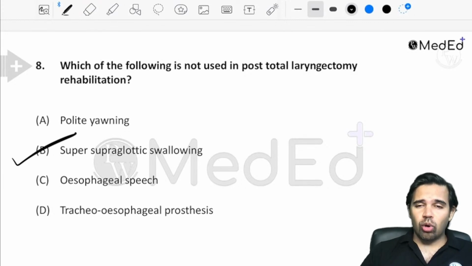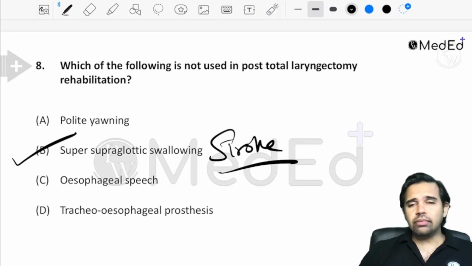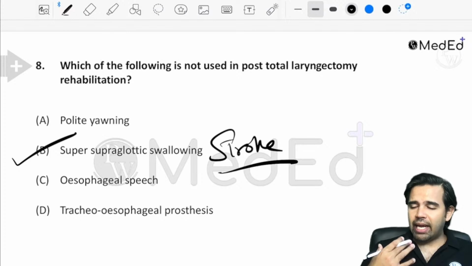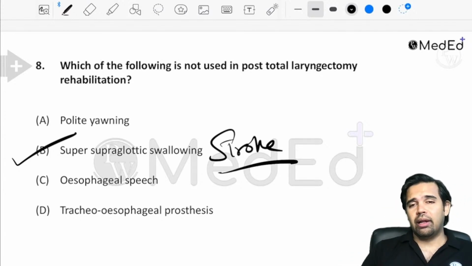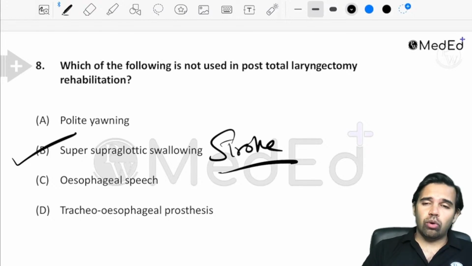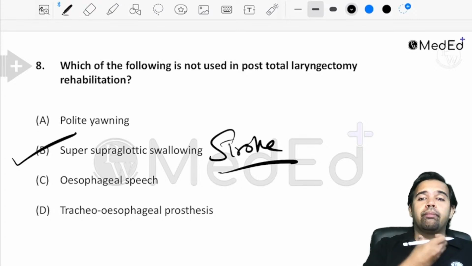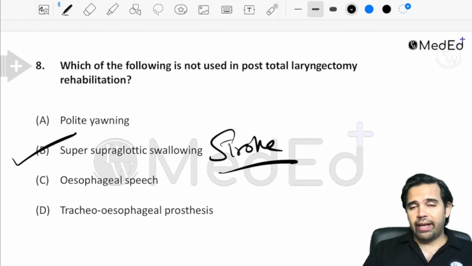Supraglottic swallowing is a swallowing technique taught to stroke patients who are not able to control a lot of their palatal movements, and they are trained to swallow in a way that they do not aspirate into their airway. It's not usually done post total laryngectomy because the larynx is closed and the outlet is created separately, so it has no role in preventing aspiration.